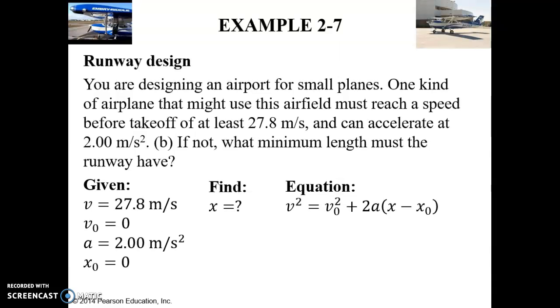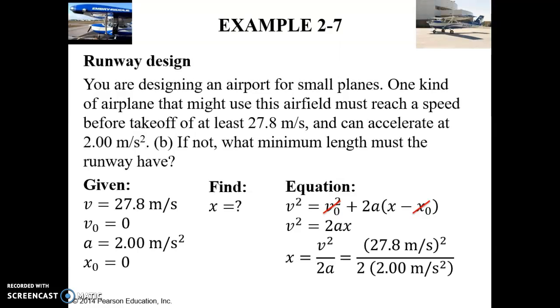Correct, the same kinematic equation we used last time, but instead we're solving for the final position, variable x. Cross out any variables that are 0, and the equation reduces down to v squared, which equals 2ax. But now we're solving for x, so rearrange this equation to get v squared over 2a.